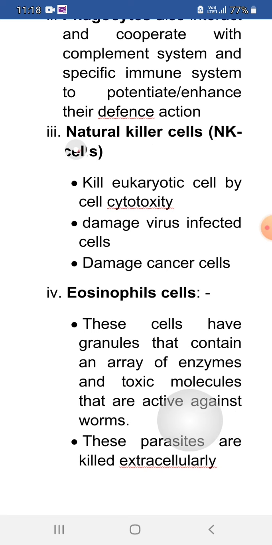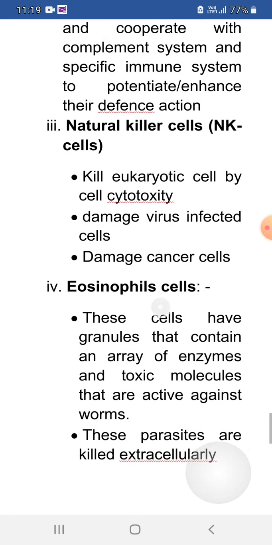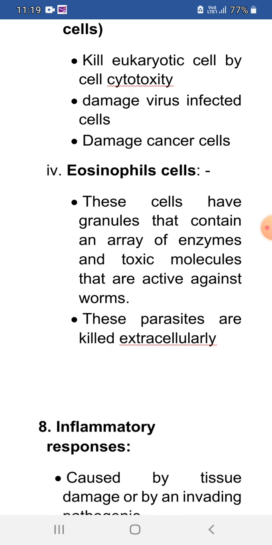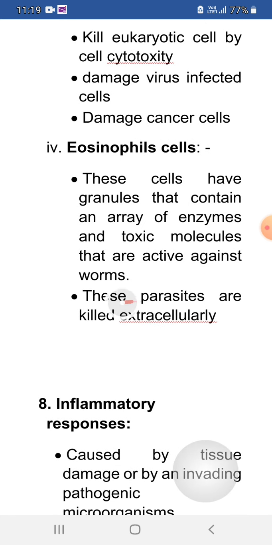This is done by natural killer cells, as we have seen above, or T cytotoxic cells. So those cells are able to damage virus-infected cells or damage cancer cells. In the same way, eosinophils, which are a kind of white blood cells, also destroy parasites.